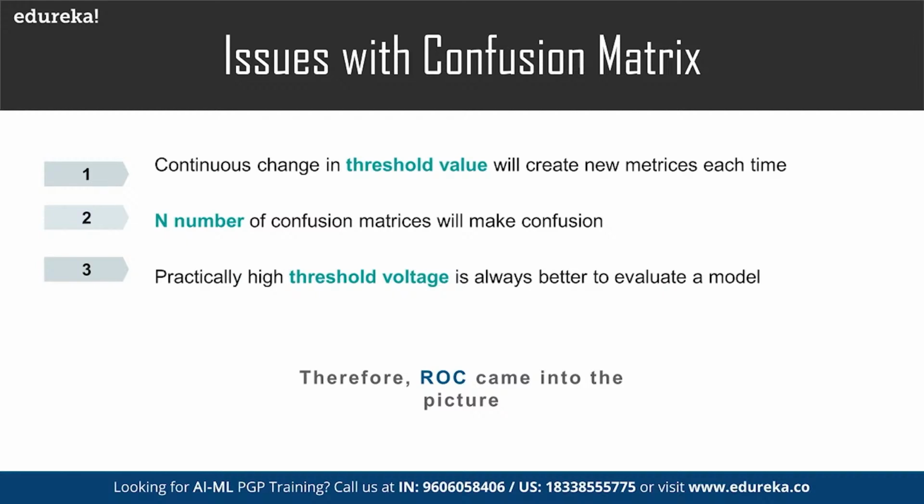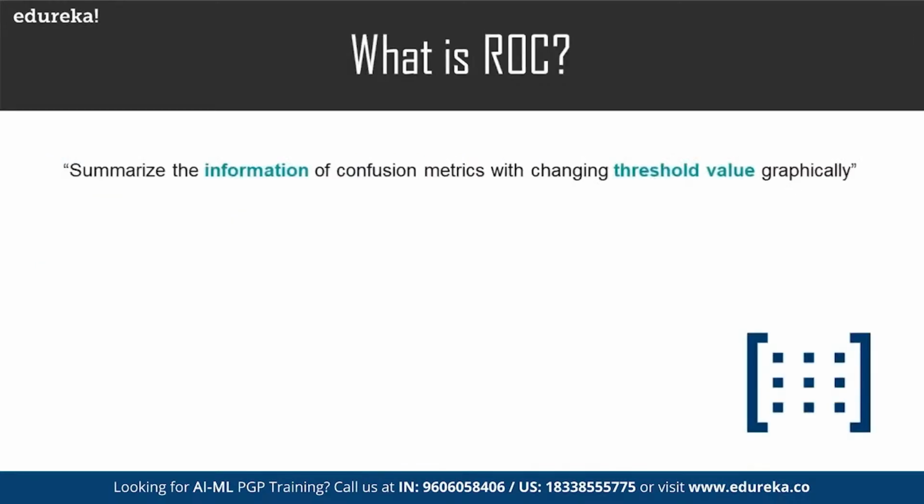And practically, a high threshold value is what we choose for training the model, and it is also often used for evaluating the better model. So that is why ROC, another metric, comes into the picture. We are going to see what that ROC is. It summarizes the information of confusion matrices with changing threshold values.